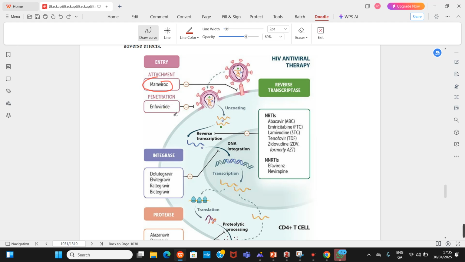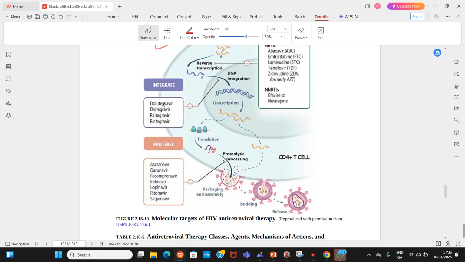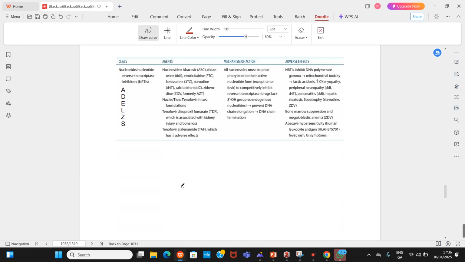Anybody? It's GP41, because it prevents fusion. As simple as that. Enfuvirtide, GP41. Maraviroc, that's CCR5. Then the -gravirs are the integrase inhibitors. They're very boring stuff, but look at it.